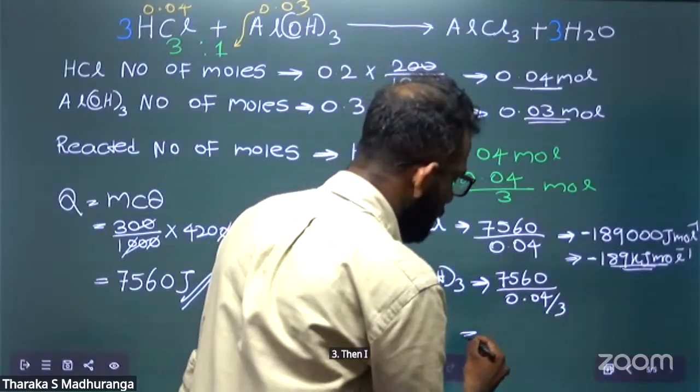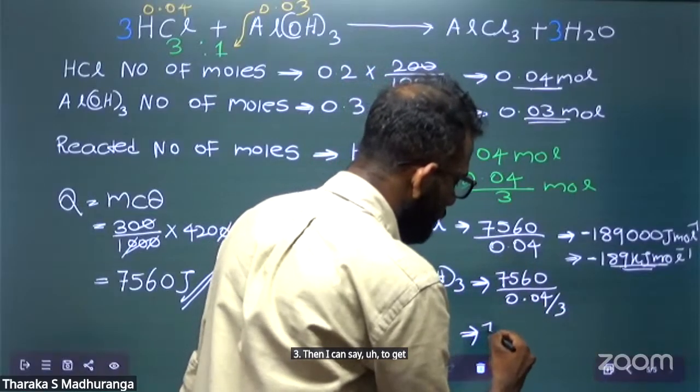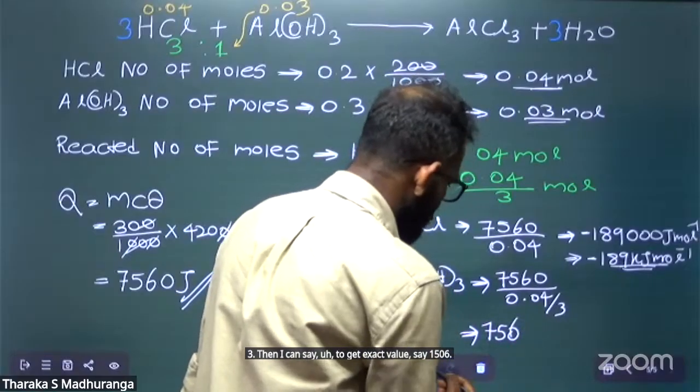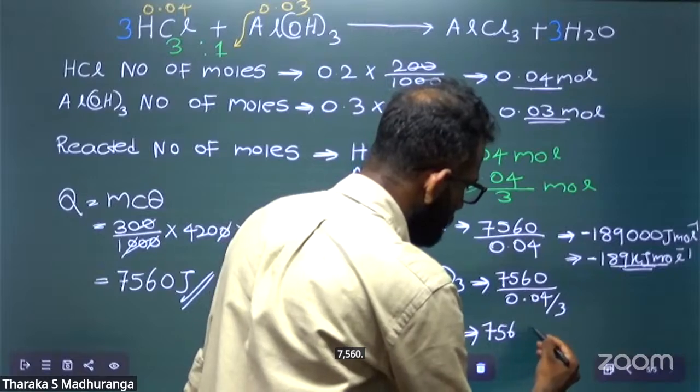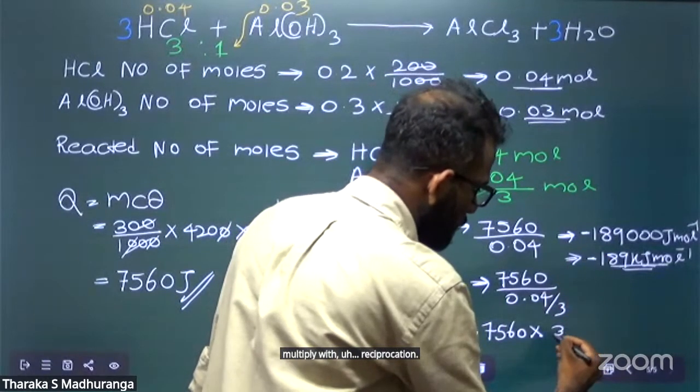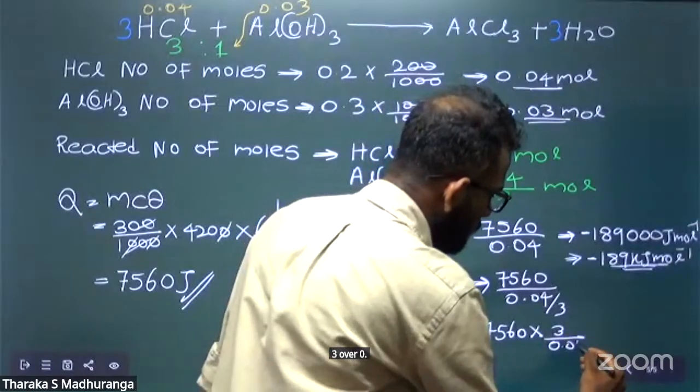Then to get the exact value, 7560 multiplied by the reciprocal, 3 over 0.04.